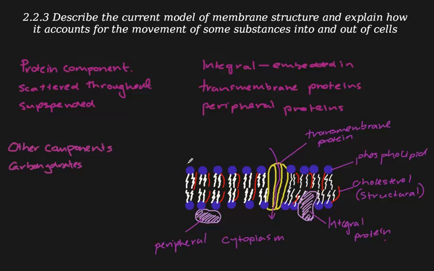So if they are attached to the phospholipids, which we just draw like this, they would be called glycolipids. If they are attached to a protein molecule, so an integral protein molecule just happens to be there, and they're attached to that, that would be called a glycoprotein.